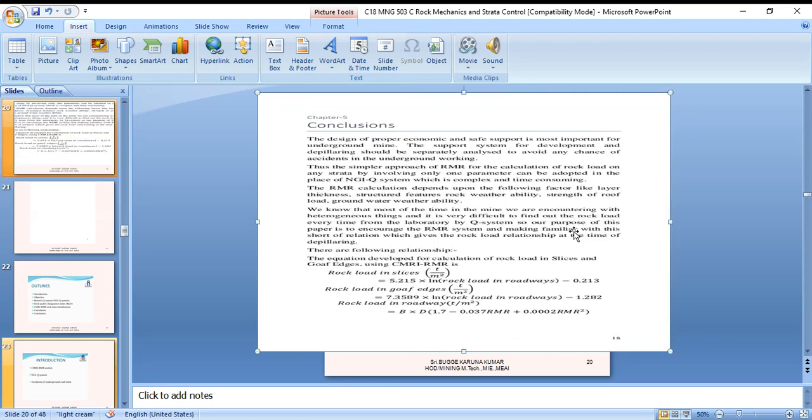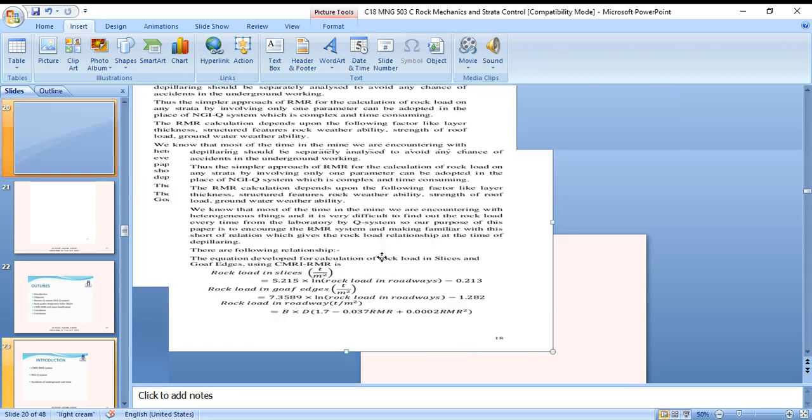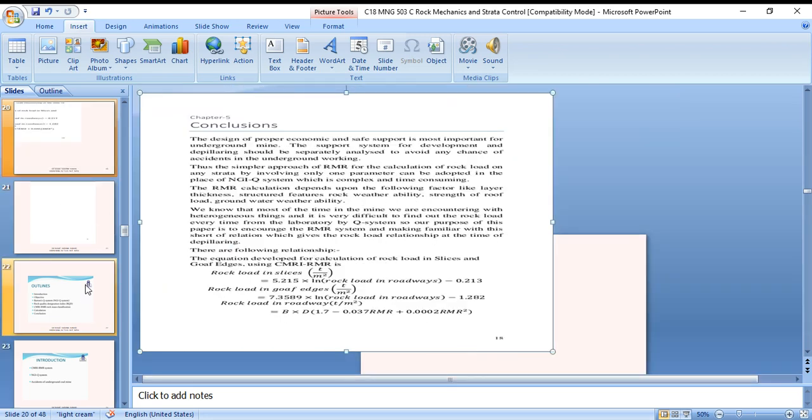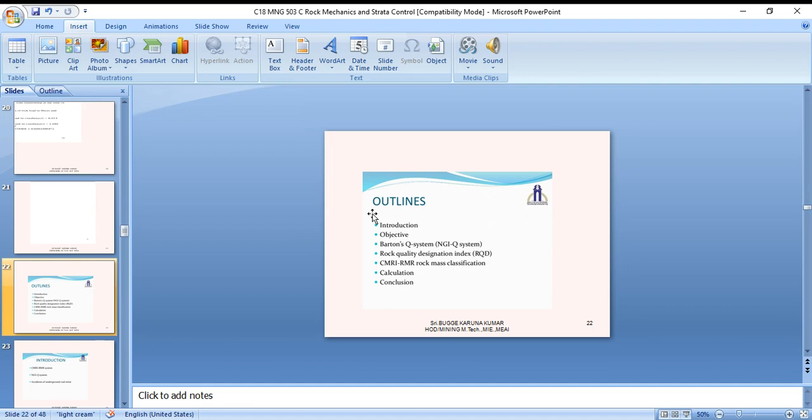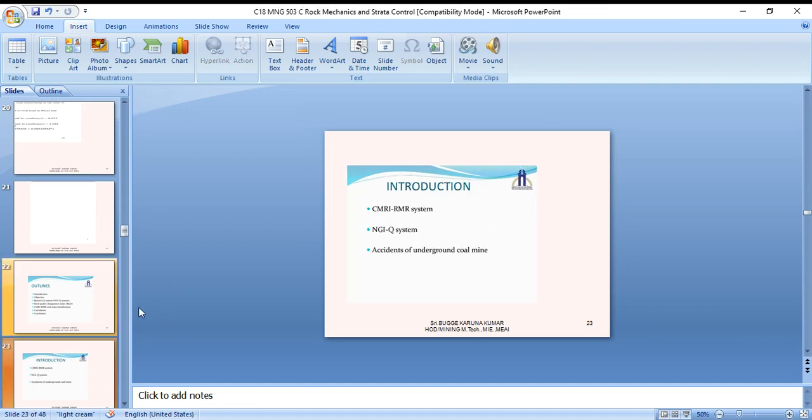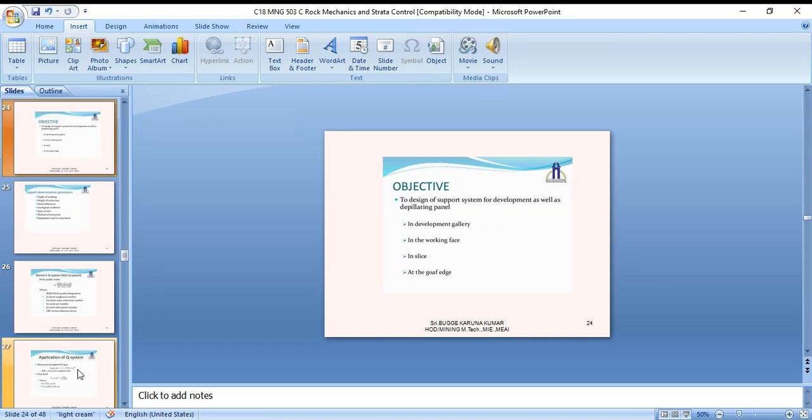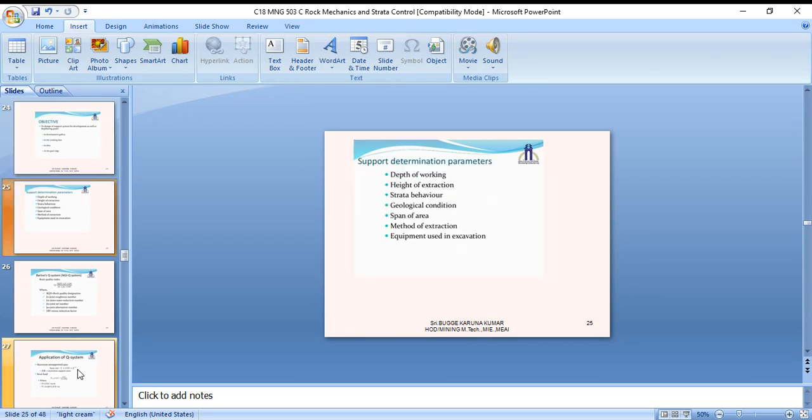Before going to the other slides, to conclude, some more support at the edge of the goaf, the load slices formula was given. The other objective of these calculations, particularly these two phenomena, can be seen. Support for development galleries, working faces, slices and goaf edges is also required.